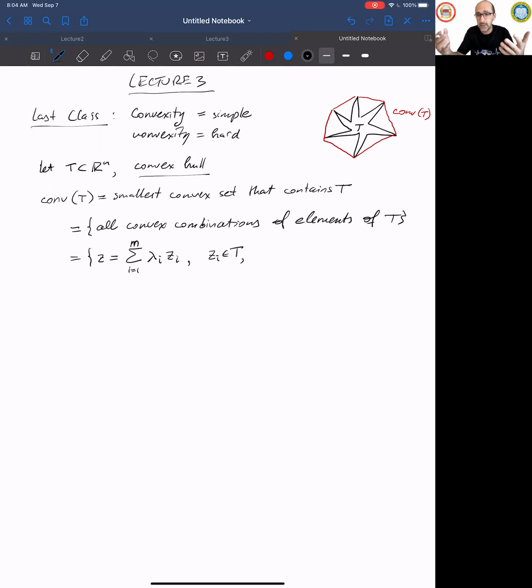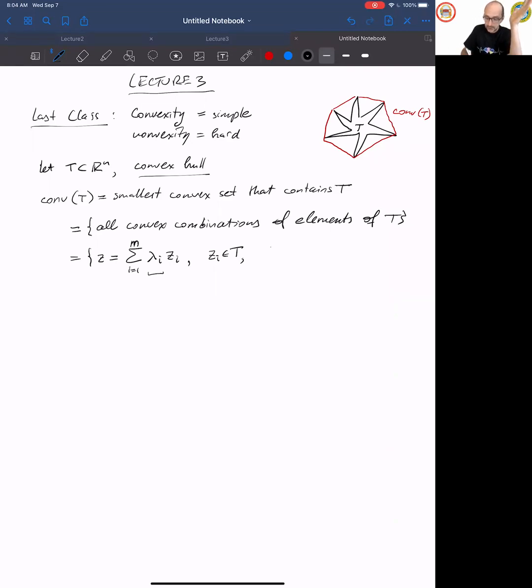If I allow all linear combinations, it will be the entire space, infinite in all directions. So these are combinations where the lambda_i's, the coefficients, have certain restrictions. You think of the lambda_i's as proportions in which we mix the z_i's together.